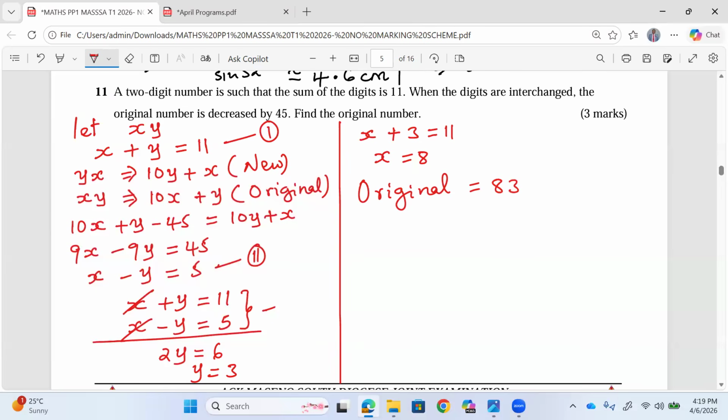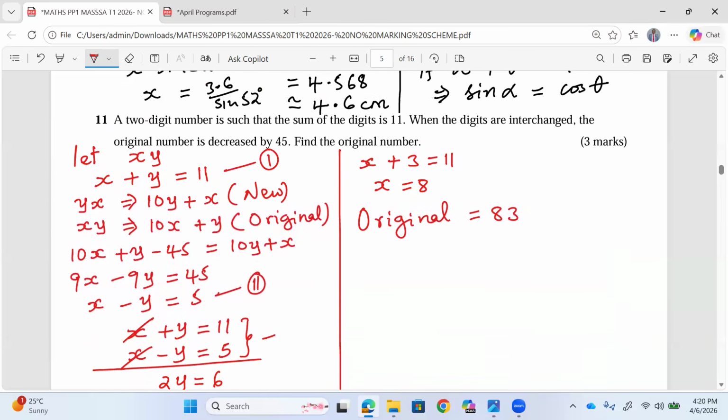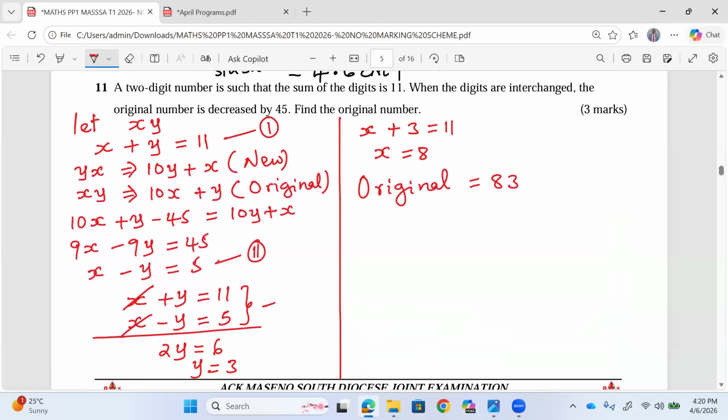So 83 is the original number. This is a wonderful question, I tell you. This one is a very good question. If you understand, kindly comment that you are learning.